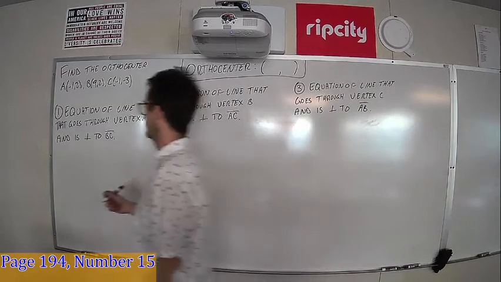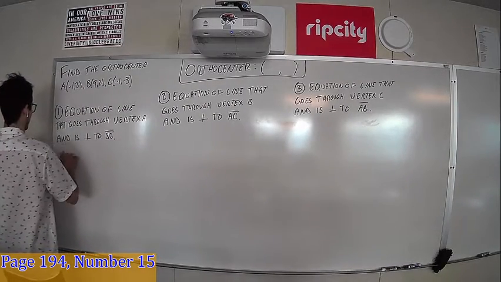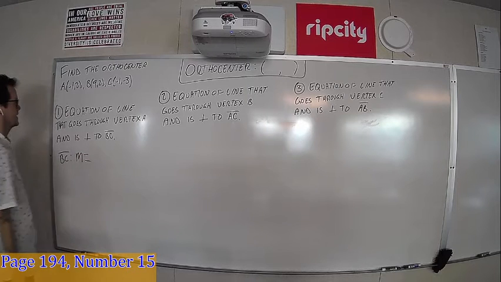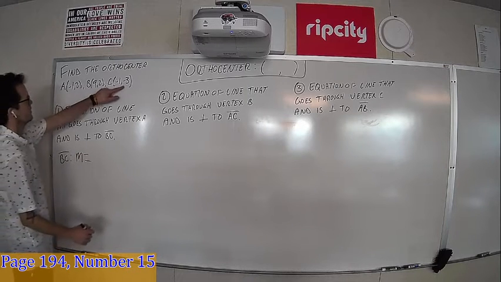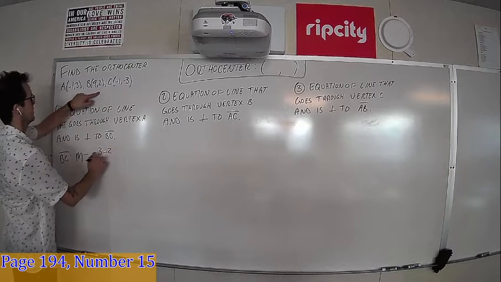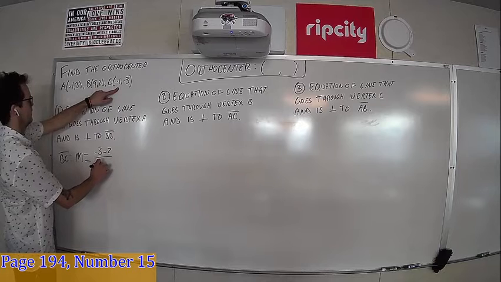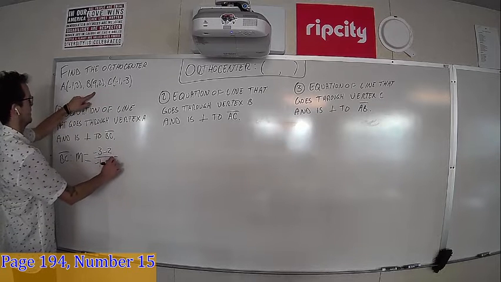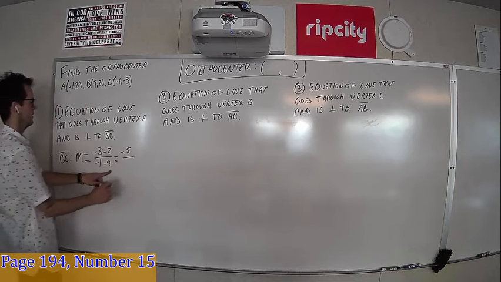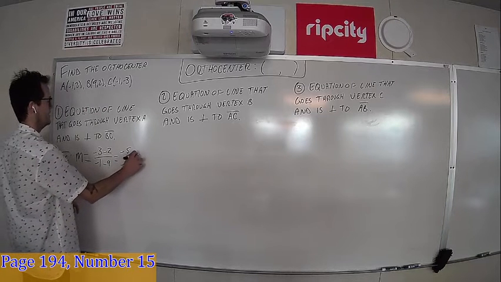Let's do this. So first, we're talking about side BC. Side BC has a slope. So I'm going to do delta y over delta x. So that ends up being -3 minus 2 over -1 minus 9. -3 minus 2 is -5. -1 minus 9, -10.